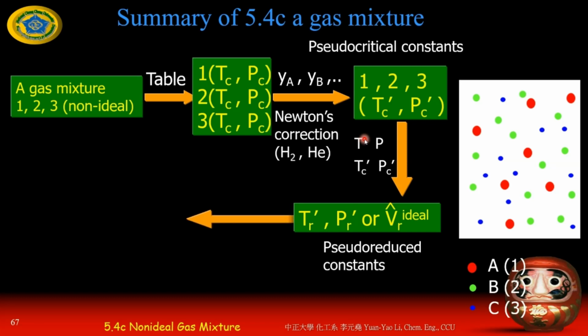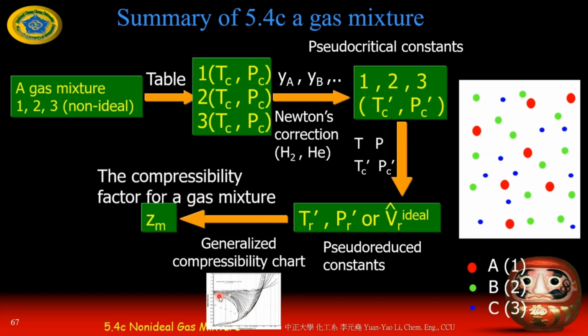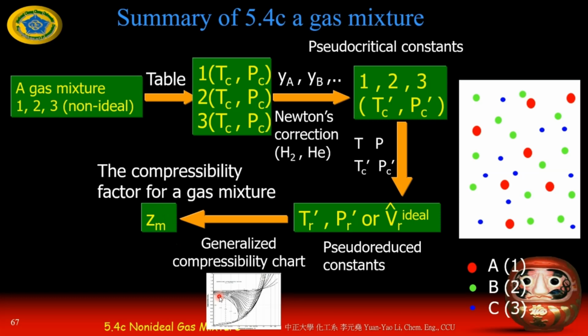Okay, and after that, once we know two out of these three constants, we can use the compressibility chart to find out what? To find Zm, which is the compressibility factor for a gas mixture.